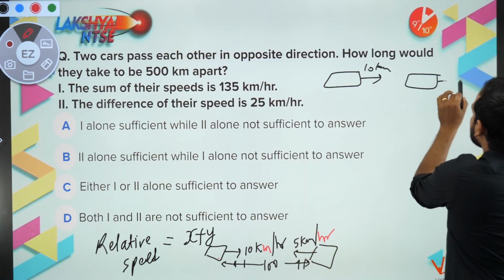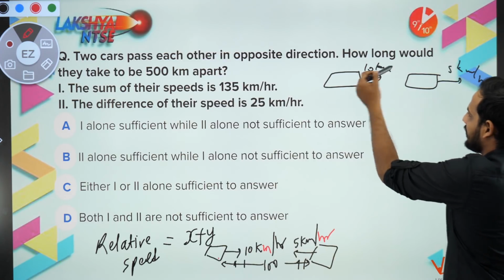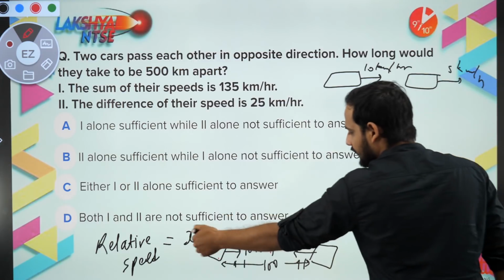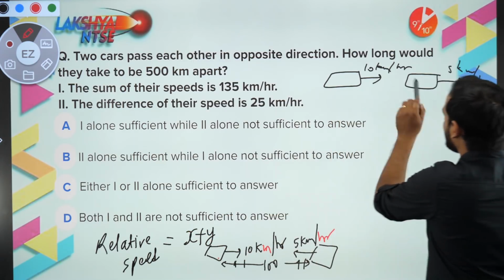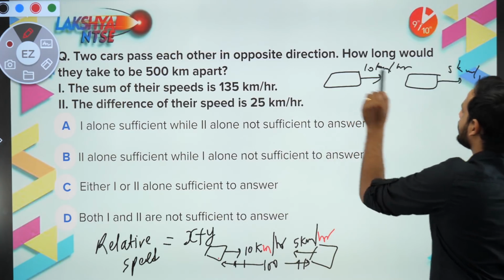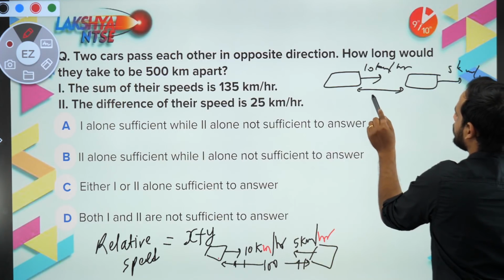And when I take the next case here, let us say this is moving at 10 km per hour, and this is moving at 5 km per hour. Here they are moving in the same direction, and before they were moving in the opposite direction. One is towards right, one is towards left, so opposite direction. Both are moving towards right, so same direction. Suppose here the gap between them was 30 km.